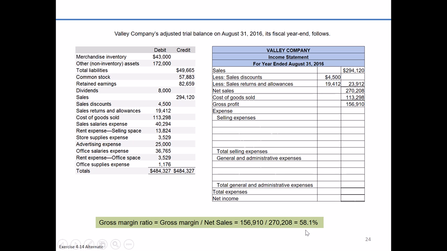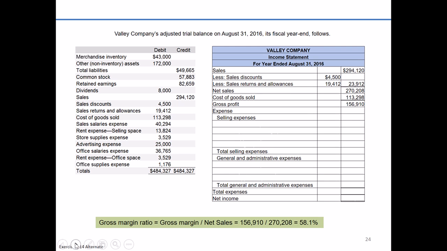So it gives me some sense again of my sales dollars, what's left over in order to cover all my other expenses. So 58.1% is left over, or I can think of it another way, out of every dollar of sales, about 58 cents is left over to cover the other expenses of my company.